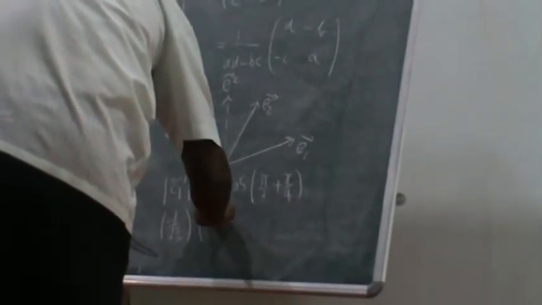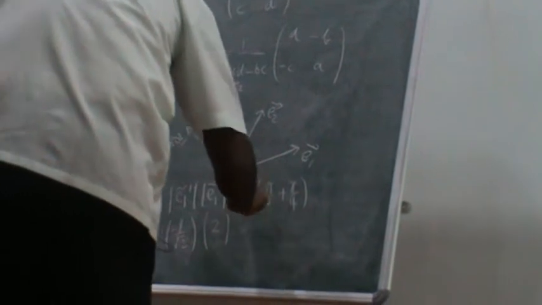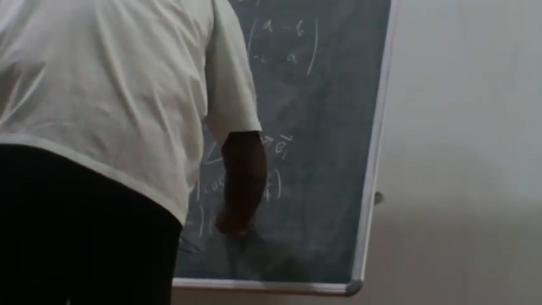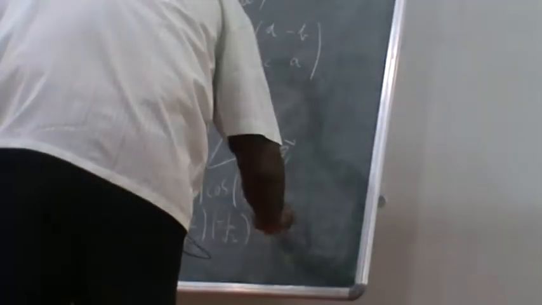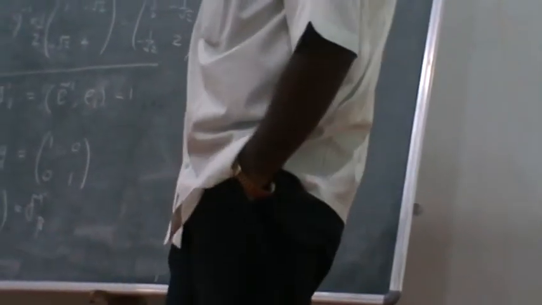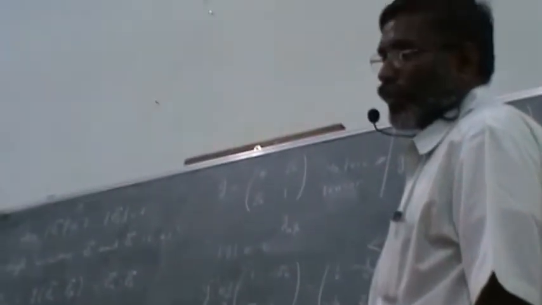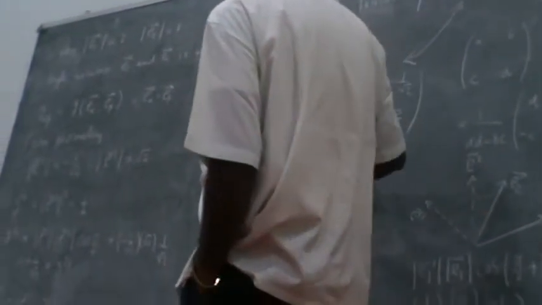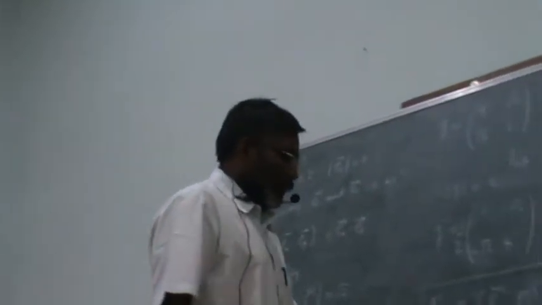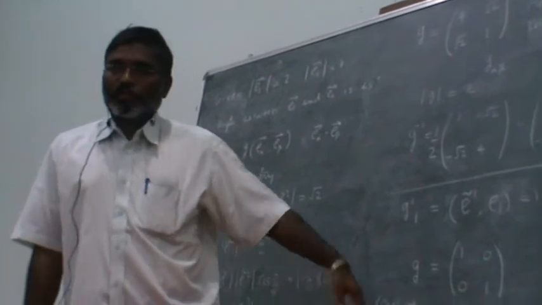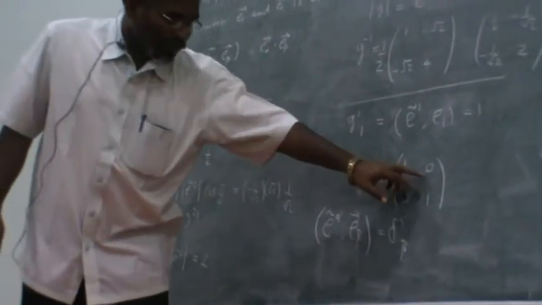And E1 is 2, and this is sine pi by 4, which is minus 1 by root 2. So you will get this to be 1 anyway. But I am saying we don't have to check this, because by definition E tilde 1 dot E1 is equal to 1. So the same diagram can be used, but we don't have to do that, because by definition the basis vectors corresponding to dual space are orthogonal to the basis vectors corresponding to vector space. So we can use this definition to say this mixed tensor is like this.